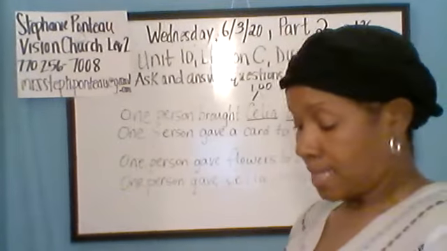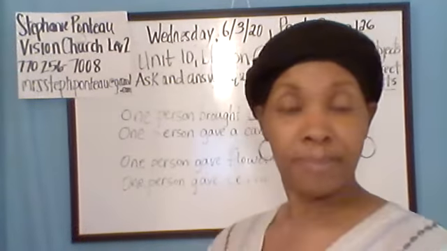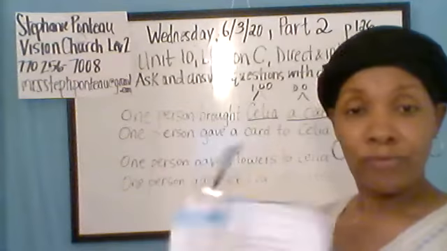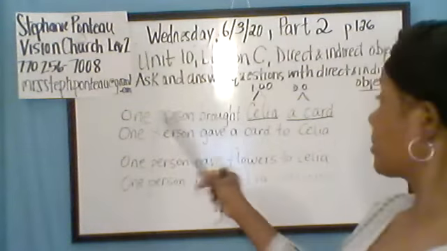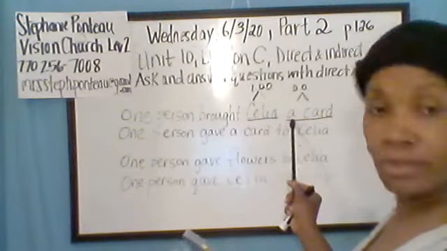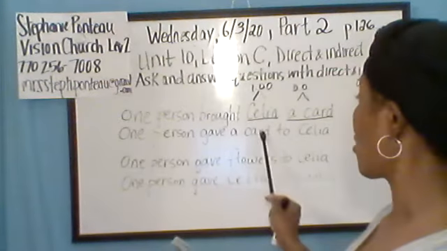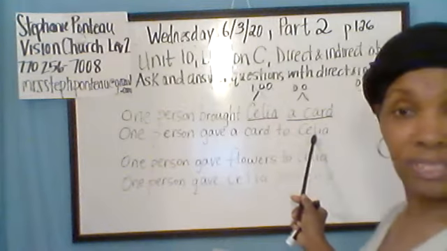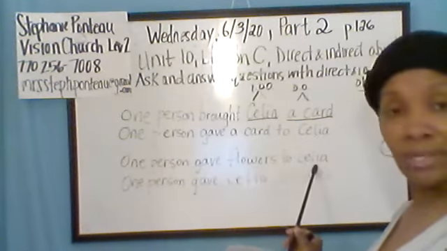So let's look at Celia's presents on page 123. The first one, a card. One person brought Celia a card, right? Or you could say one person brought a card to Celia. You could say it either way. One person gave flowers to Celia, right?